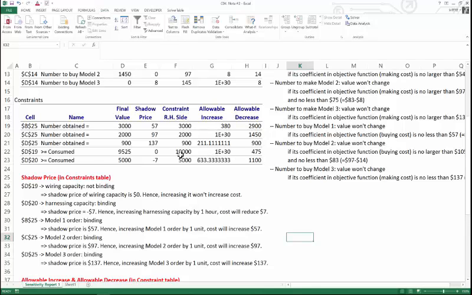That means no matter how much you push up this wiring capacity, the shadow price remains 0. And this is actually intuitive because you already have enough capacity. You push it even higher, it's still enough.